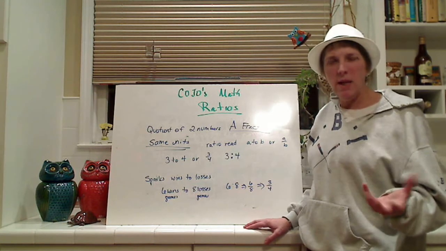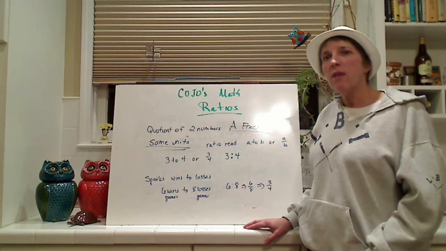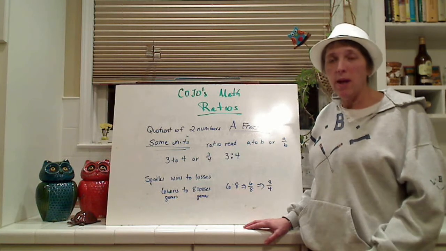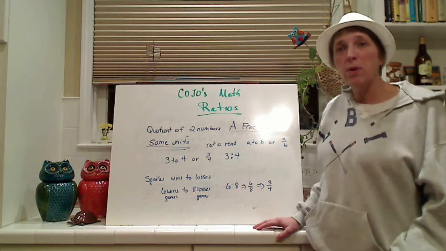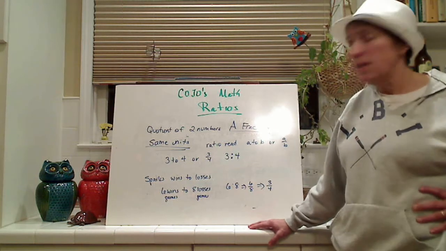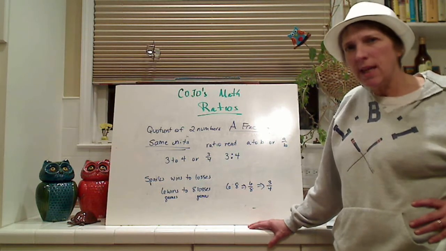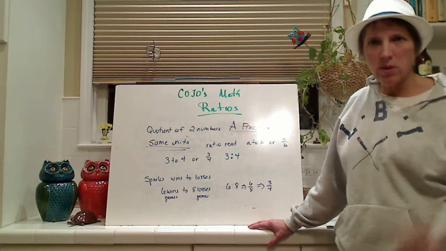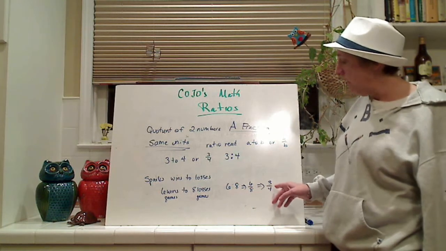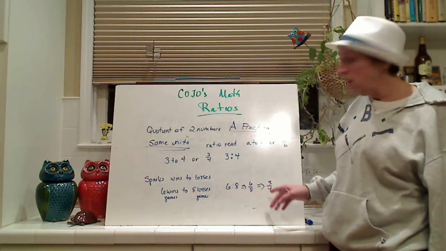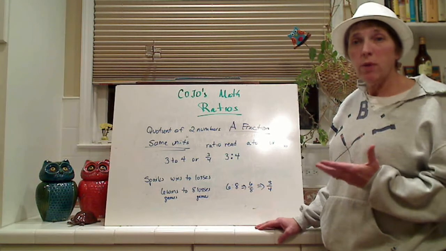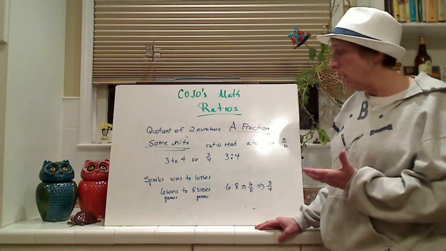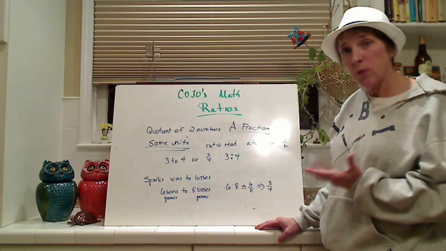What does that mean? It means that out of every 7 games they play, we expect them to win 3 and lose 4. So we can make a prediction based on this. Out of 14 games, we'd expect them to win 6.